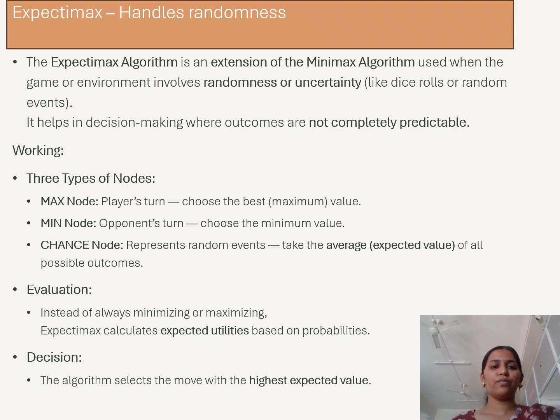Working: three types of nodes: max node, min node, and chance node. Max node means the player's turn, min node means the opponent's turn, and chance node represents randomness. Evaluation: instead of always minimizing or maximizing, Expectimax calculates expected utilities based on probabilities. Decision: the algorithm selects the move with the highest expected value.